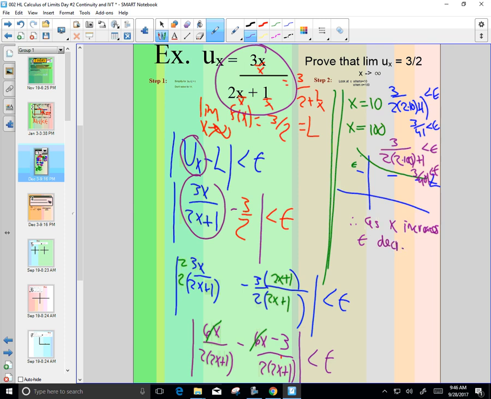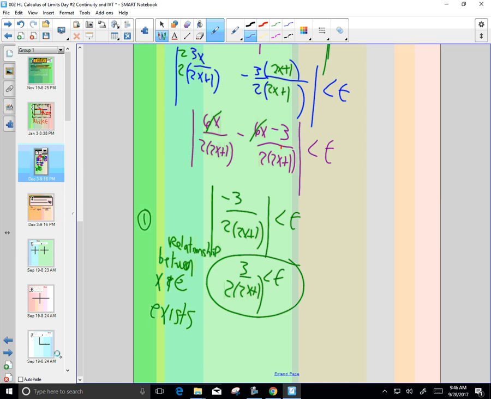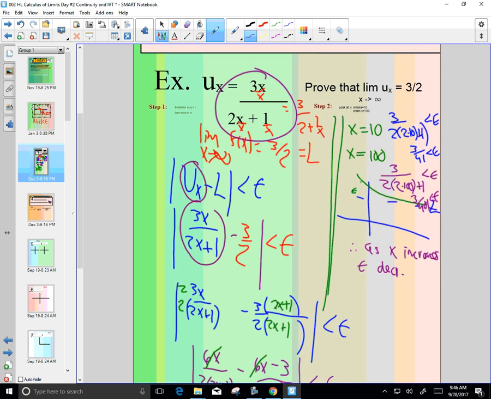Yep. Let me double check with my formula. Good point. 2x plus 1 is in parentheses, so you're right. It should be 42 and 402. Thank you. Missed that. As x increases, epsilon decreases.